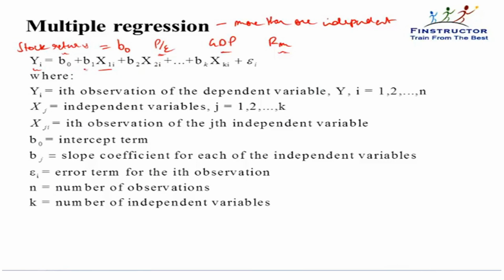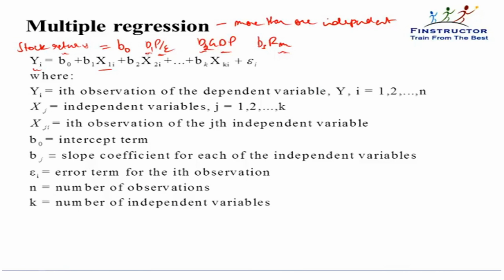The calculation of the slope coefficient now, that is, what is the dependence of stock returns on the P/E ratio, or what is the dependence on the GDP, or what is the dependence of the stock returns on the returns on the market, will have a slightly different interpretation now.